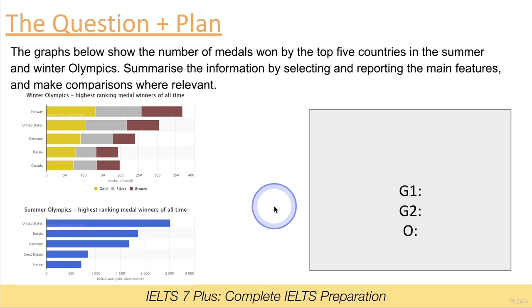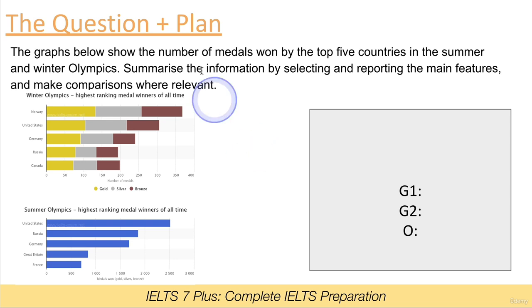So then, let's think about our plan. Plan is so important to make sure that we stay on track, that we stay focused, that we're not saying anything irrelevant or besides the point. So a really important step in task 1 and task 2.